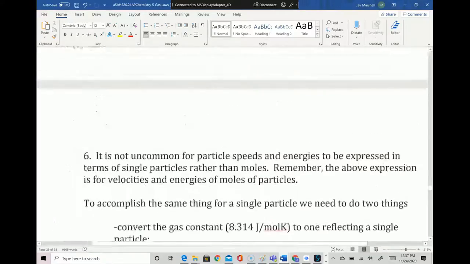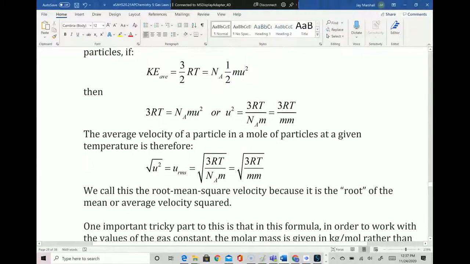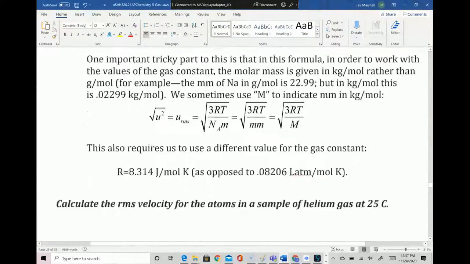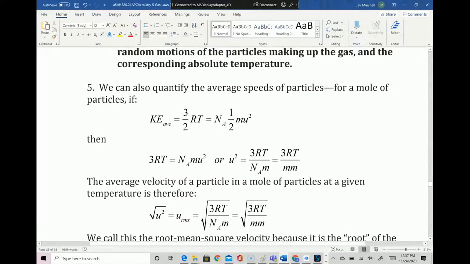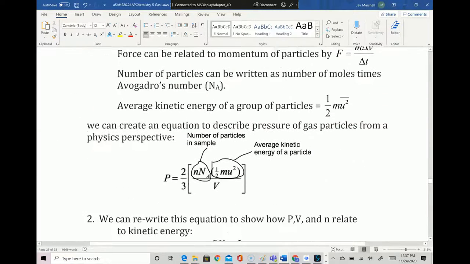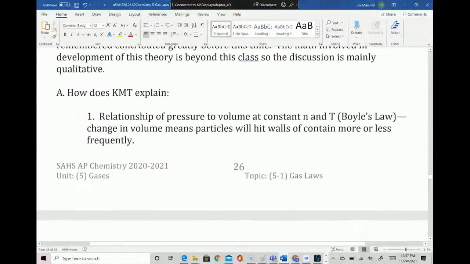And we said that the, let's see, which one of these do we want? We said that the kinetic energy, the average kinetic energy, equals 3/2 times the gas law constant times the temperature. So we can relate all of the things regarding the gas laws to something about the energy.